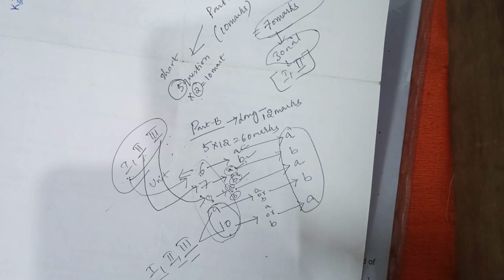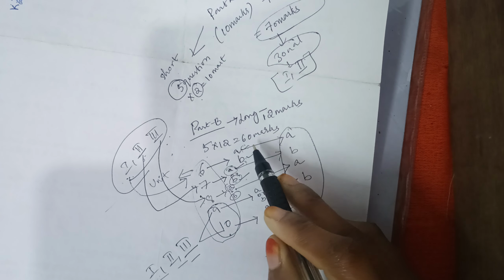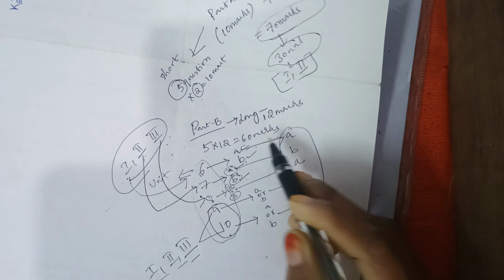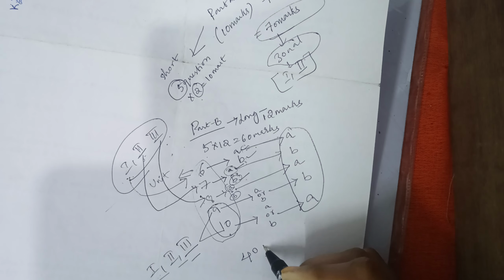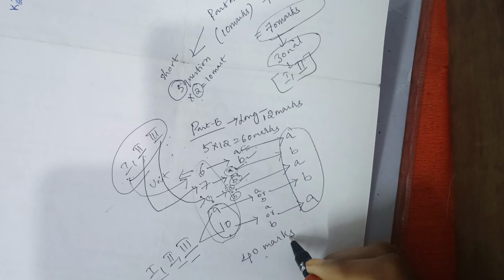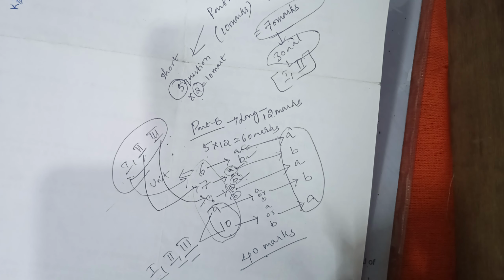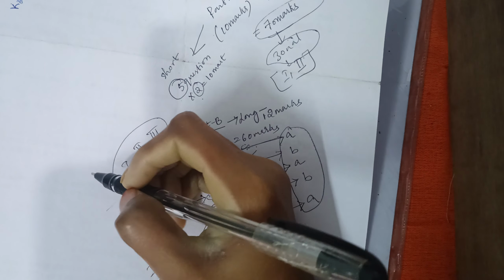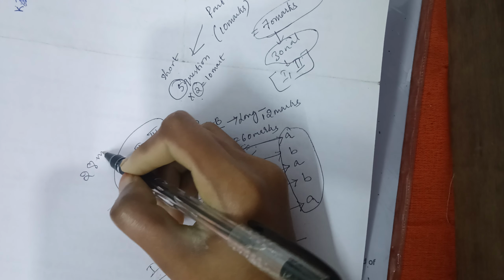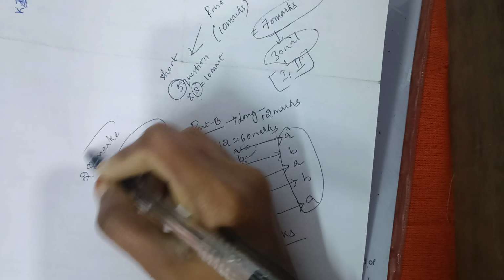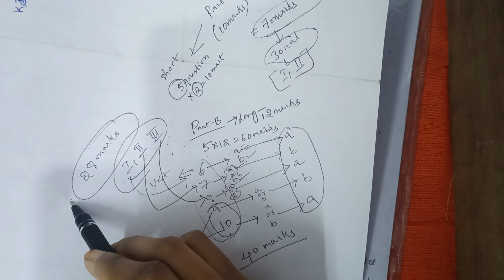You are getting more marks from long answer type questions, that is 60 marks. If you score 40 marks in long answer type questions, then you pass. The pass mark for semester exams is 28 marks. You need to get 28 marks.